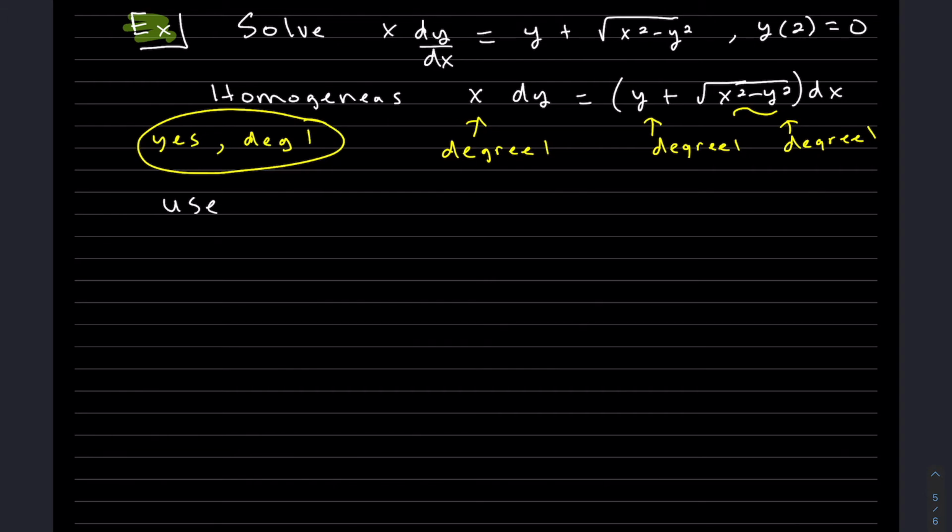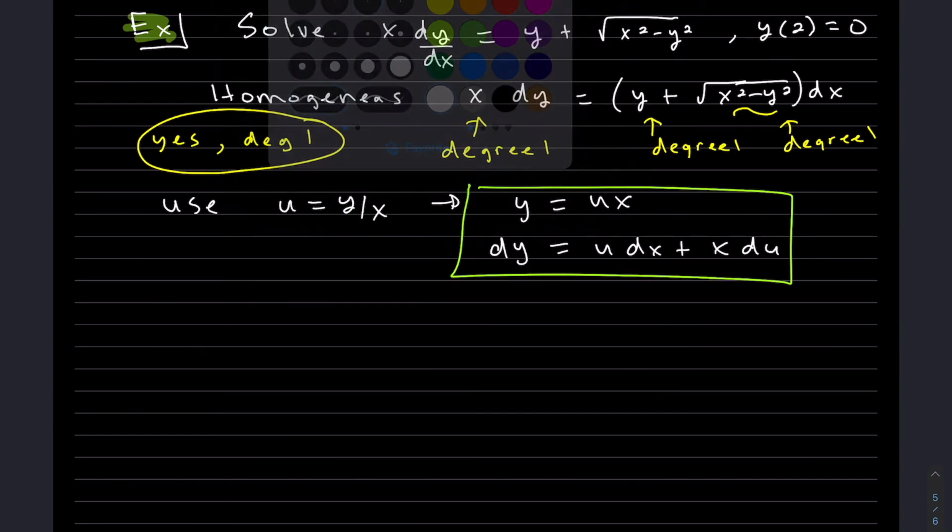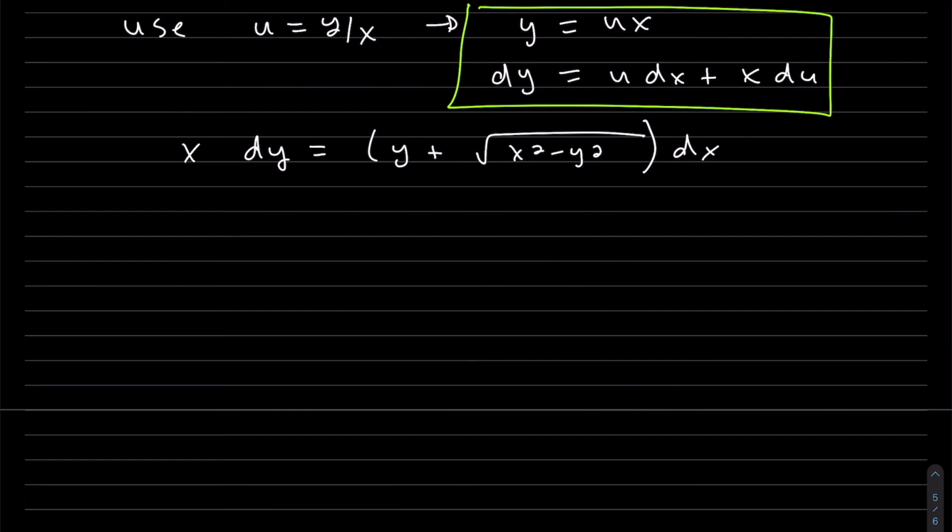We're going to use u equal to y over x. I'm going to use our second method. Convert this to y, dy, product rule, u dx plus x du. And then substitute. We're going to basically use this to substitute into our equation. We want to substitute in everywhere we see a y, and a dy.